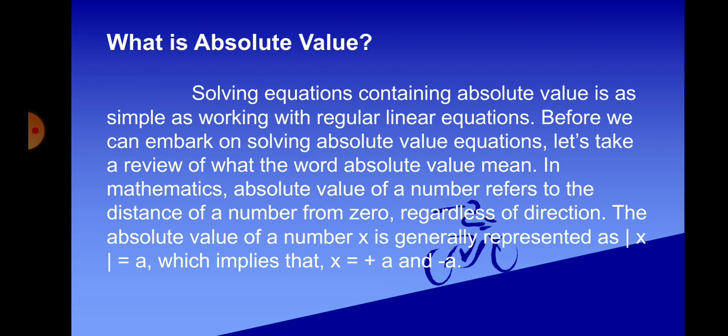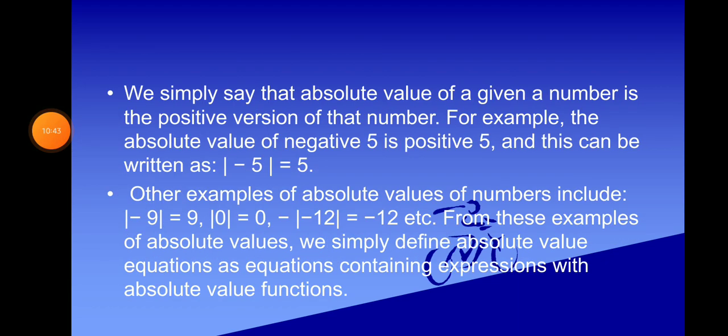The absolute value of x is generally represented as: if the absolute value of x equals a, then x equals plus a or negative a. We simply say that the absolute value of a given number is the positive version of the number.